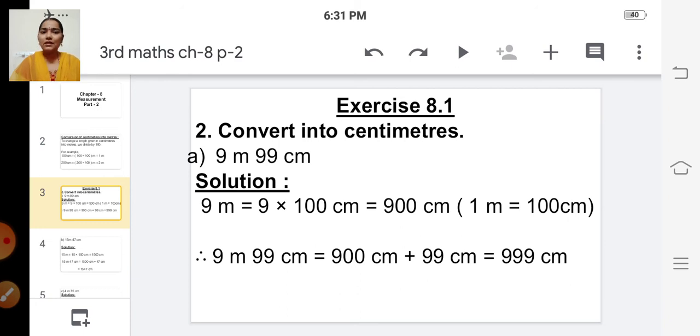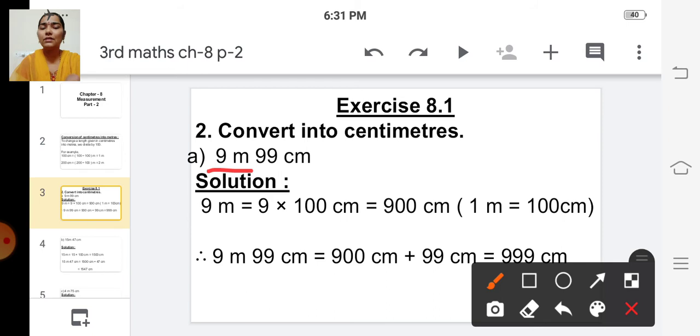The only thing, we have to convert this 9 meter into centimeters, and then we have to add that with this 99 centimeters. So that's the thing we are going to do now.